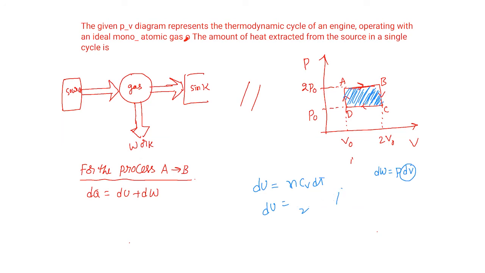Temperatures are not given directly, but P and V values are given. To solve this problem, one more concept is required. Here at point A, I want to find the temperature. How to find the temperature at point A? Anybody in the class?